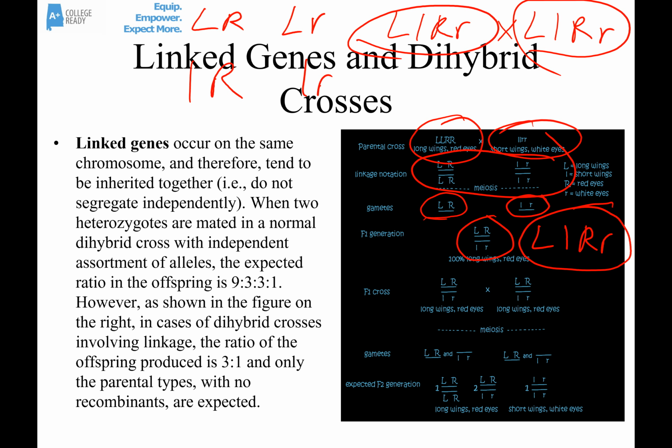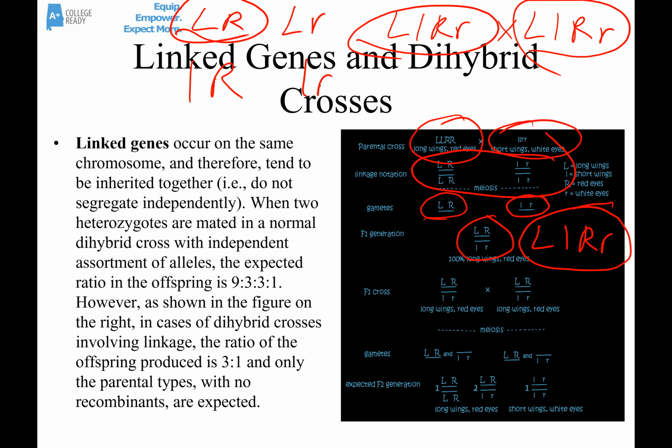So if we were doing a Punnett square for a cross between those, it should be a 16-box square, 4 rows and 4 columns. But because of gene linkage, this can't happen in this situation. Because the big L and big R genes were originally on the same chromosome, they're still linked together. So this is a possible gamete.